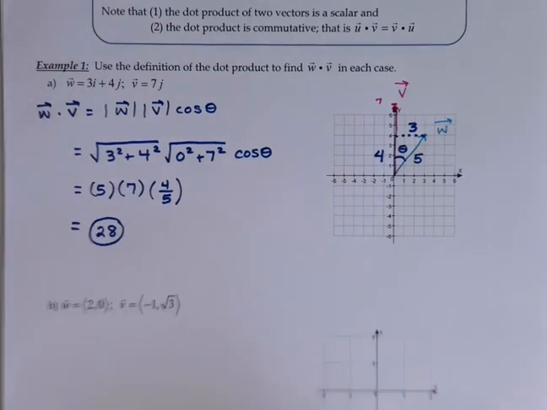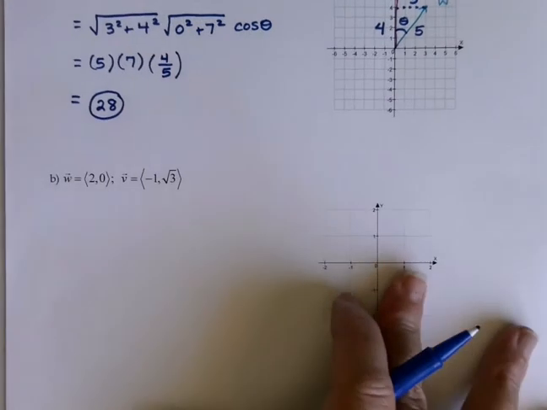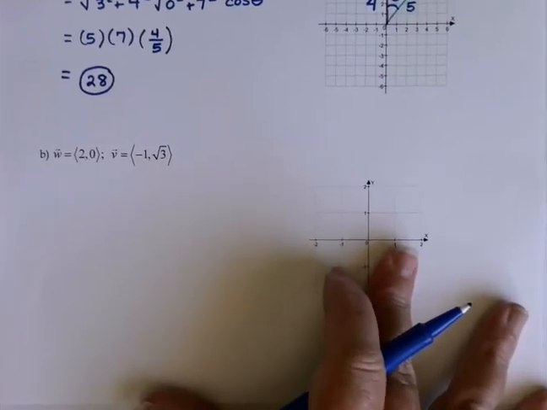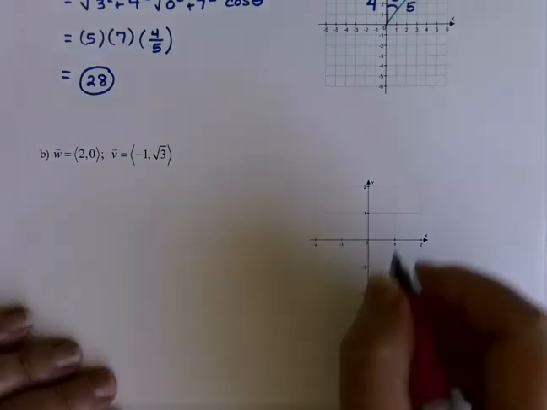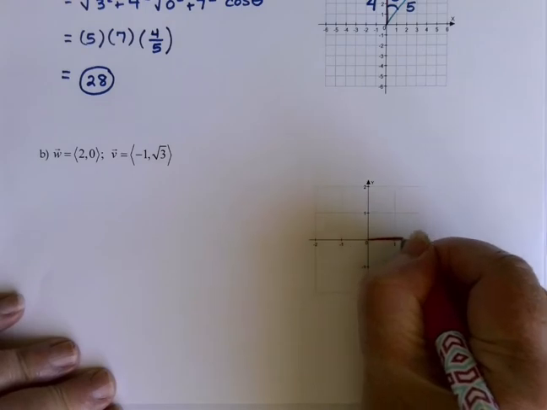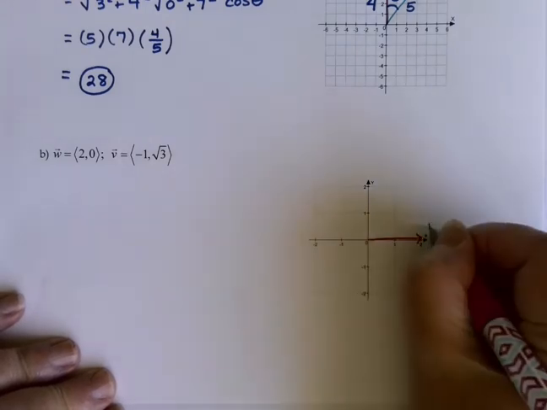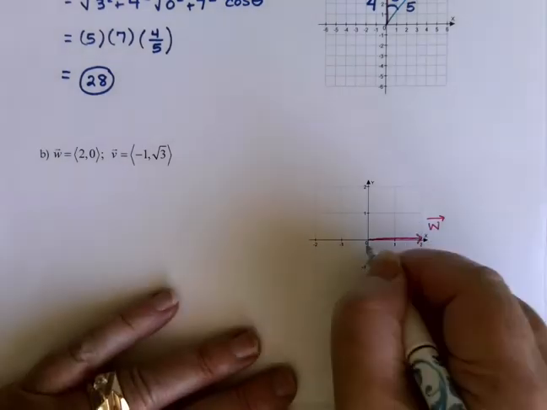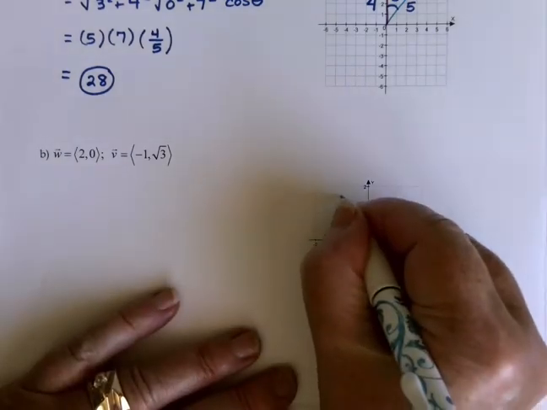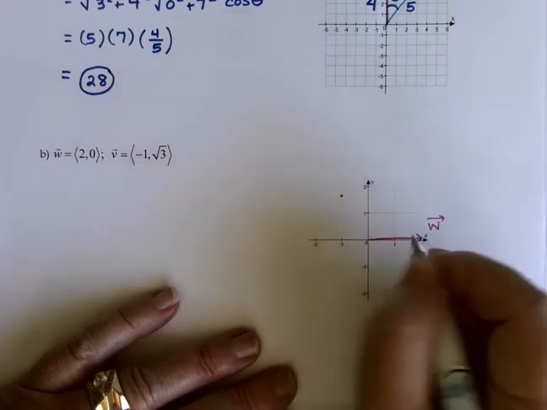All right, let's try another one. This time W is 2, 0. And V is -1, square root 3. Square root 3 is around 1.7-ish, so I'll put it right there.